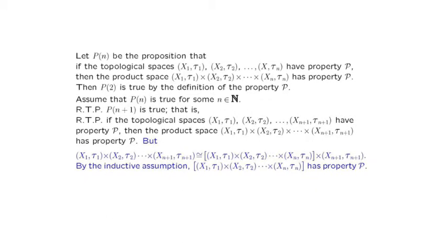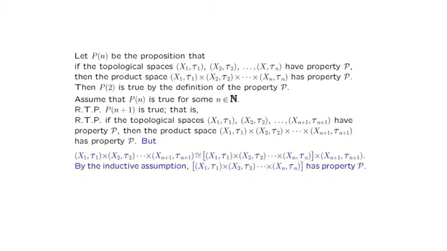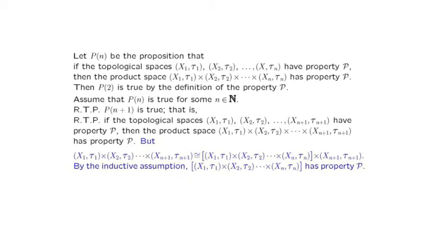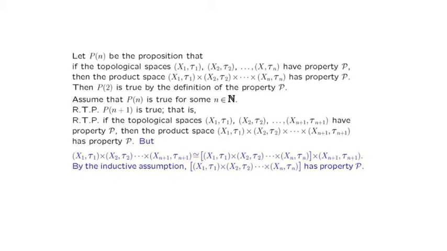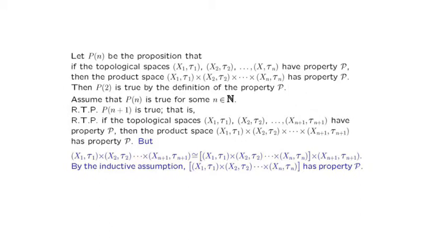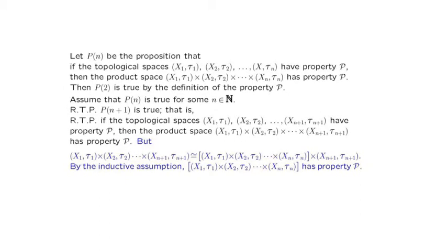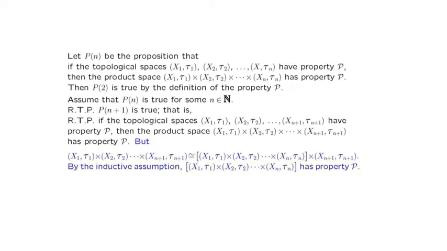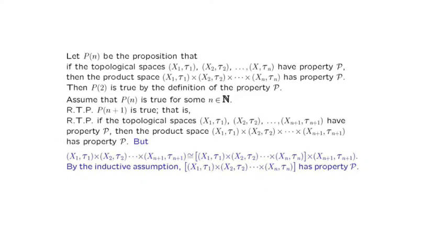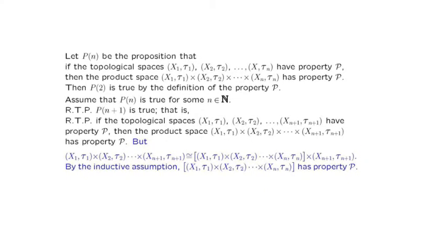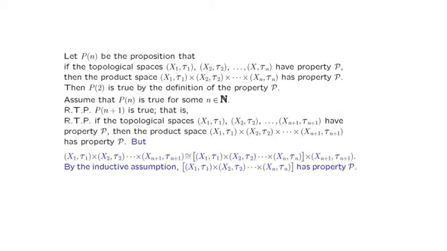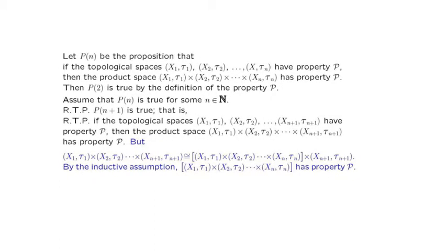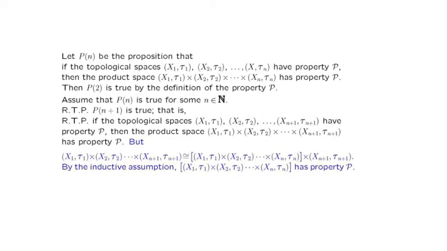So in other words, that product of n+1 topological spaces is the product of X1, τ1 up to Xn, τn times Xn+1, τn+1. So we now have expressed this product of n+1 spaces as the product of two spaces.